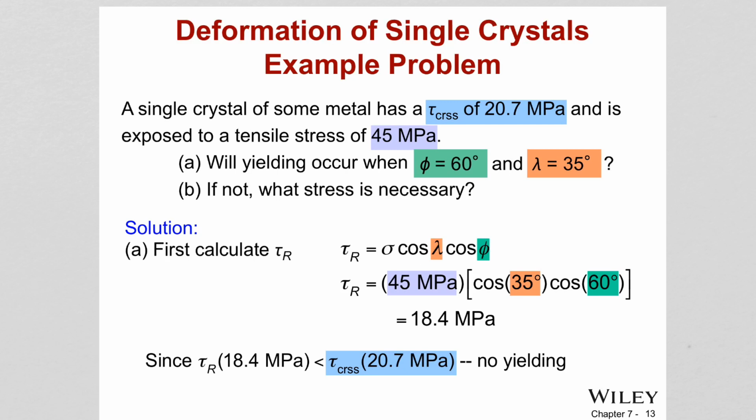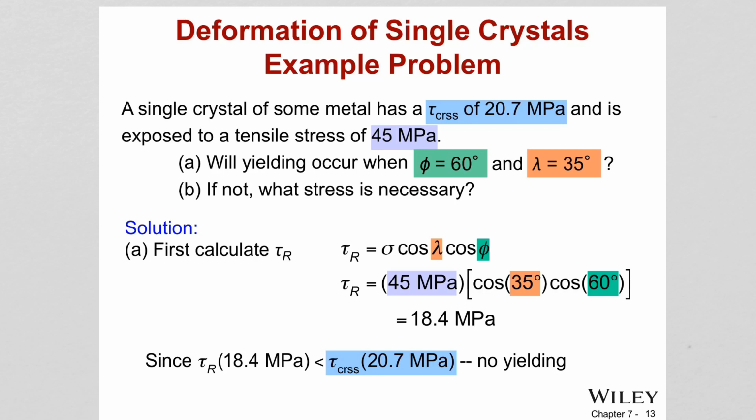Okay, now I told you the maximum value of the angles has to be 45 to be able to get the maximum resolved shear stress. But we also need to know that the sum of the angles doesn't have to be 90.